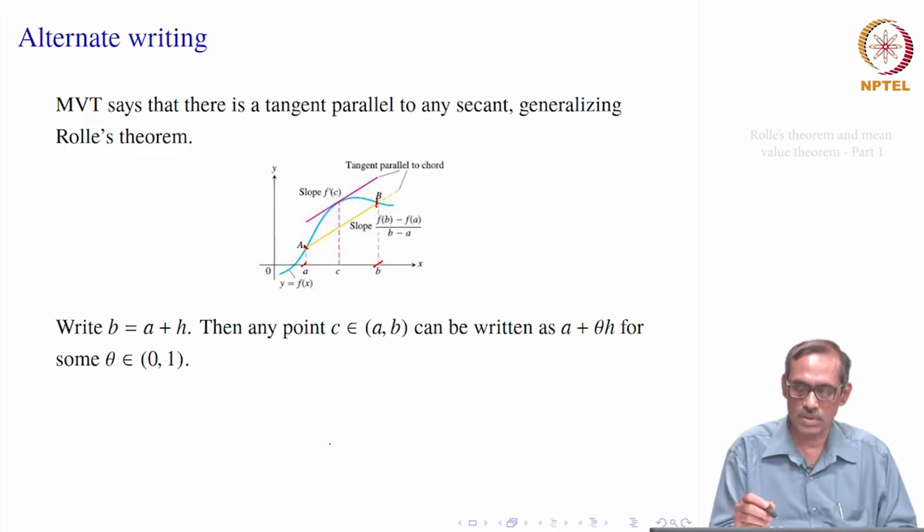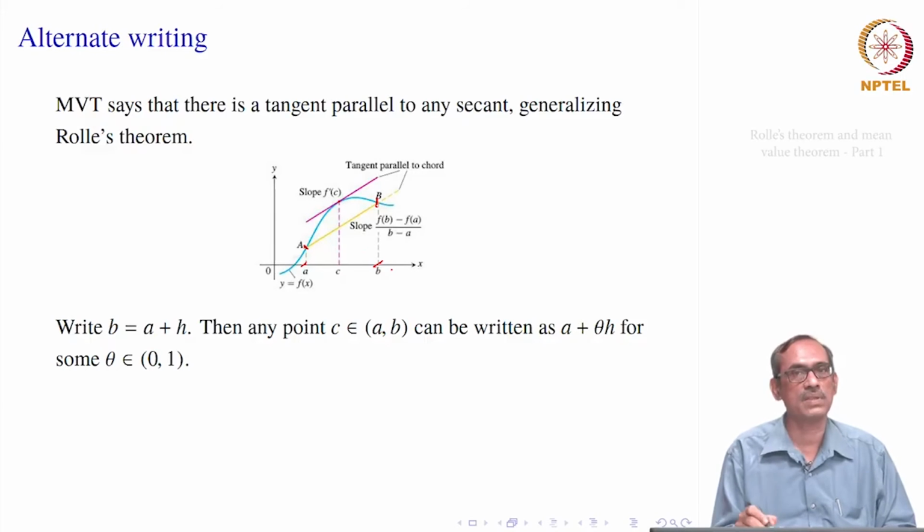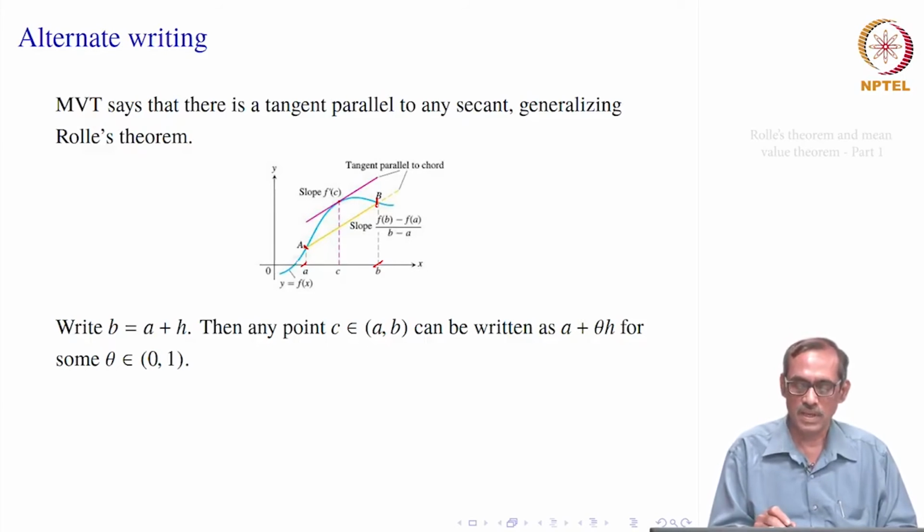What the mean value theorem says is that there exists a point c where f prime of c is equal to this slope. That means, there is a point inside the open interval (a, b) where the slope of the tangent is equal to the slope of this secant. That is how it is a generalization of Rolle's theorem.